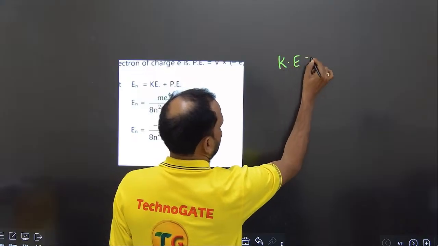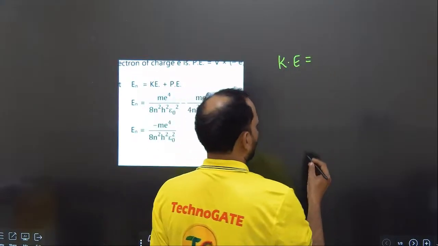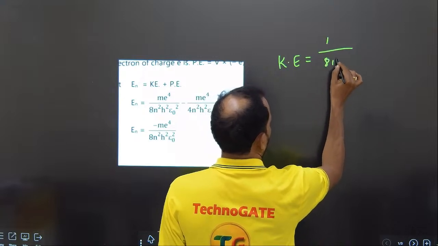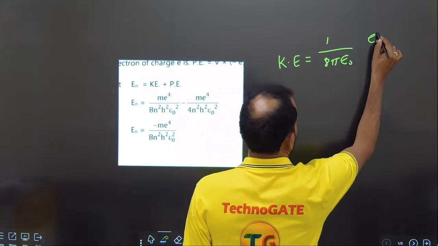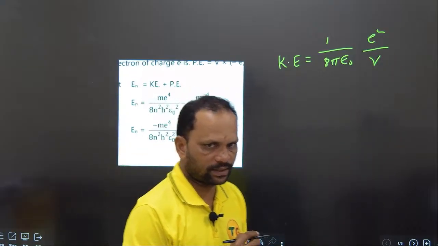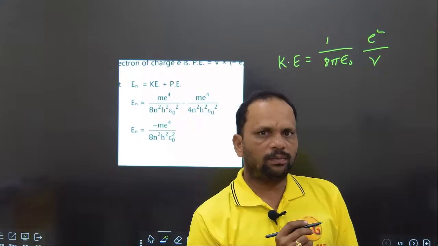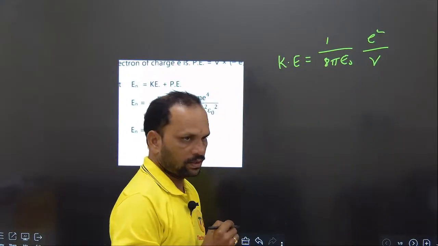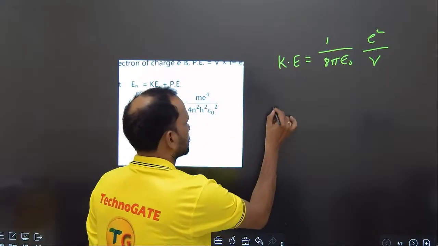Kinetic energy is equal to 1 by 8 pi epsilon naught into e square by r. If we substitute the r value here, r is the radius, n square h square epsilon naught by pi m e square. That is the value of r, the radius of the orbit. If we substitute it, we will get like this.